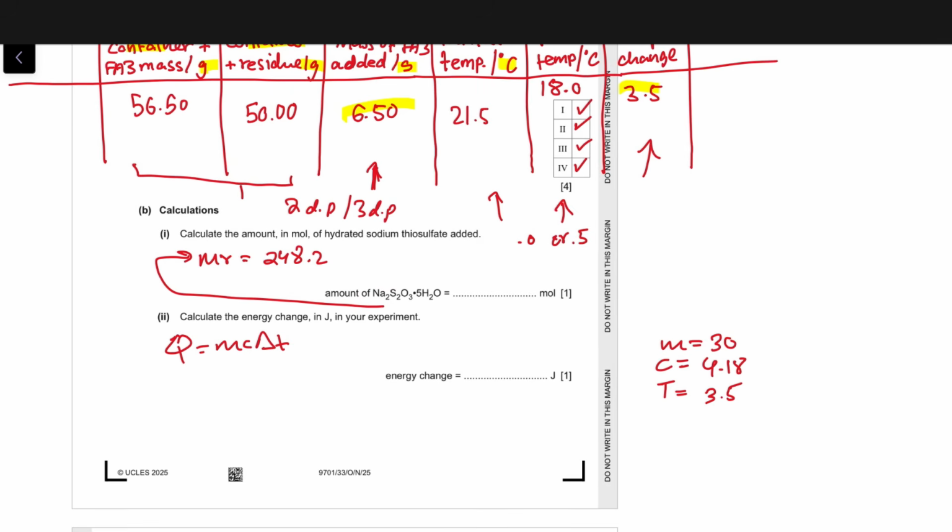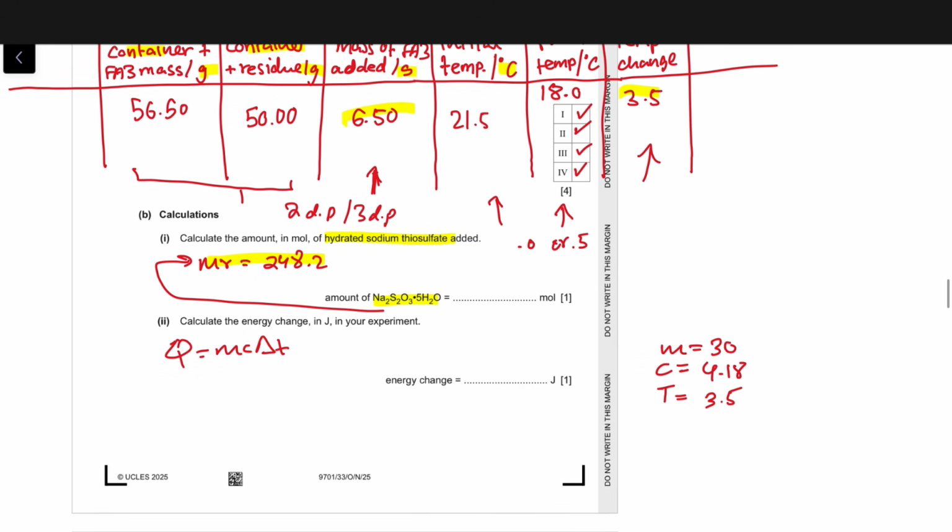It then asks us to calculate the number of moles of hydrated sodium thiosulfate added. So really, this is the formula for hydrated sodium thiosulfate, and this is the Mr. It's really just all the individual atomic masses found on the periodic table added up, and the mass we transferred of FA3 in our experiment was 6.5 grams.